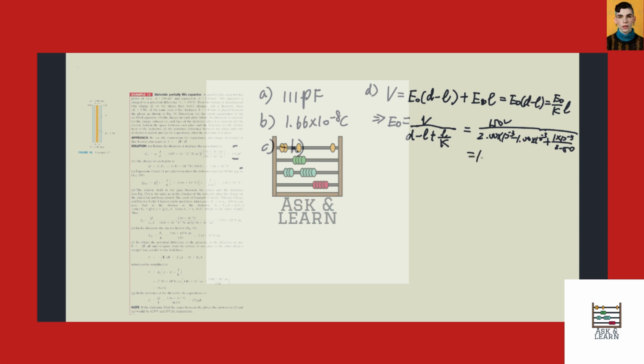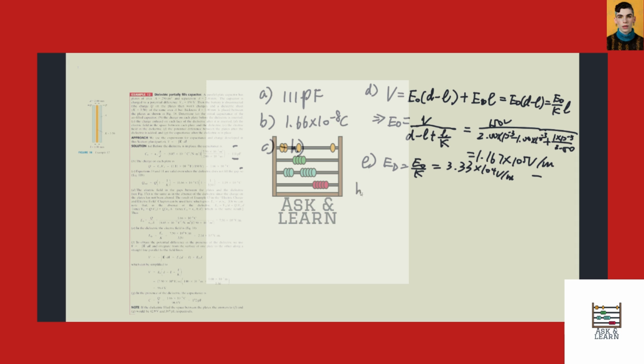This is 1.167 times 10 to the 5th volt per meter. And then if we know E naught, we can find E_D, because it's just this divided by 3.5, and this actually answers part E for us.